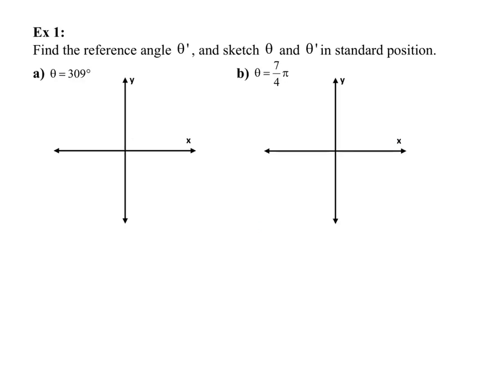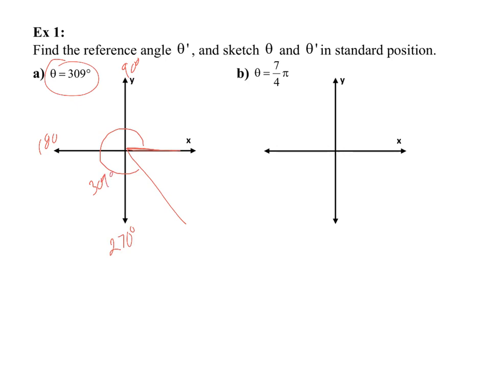For example 1, we're simply finding what the reference angle is. So I need to rotate 309 degrees. Well, I know this is 90 degrees, this is 180, this is 270. I'm going to start from here, rotate 90, 180, 270, and then I stop around here, which is 309 degrees. I want to know what the reference angle is, though.